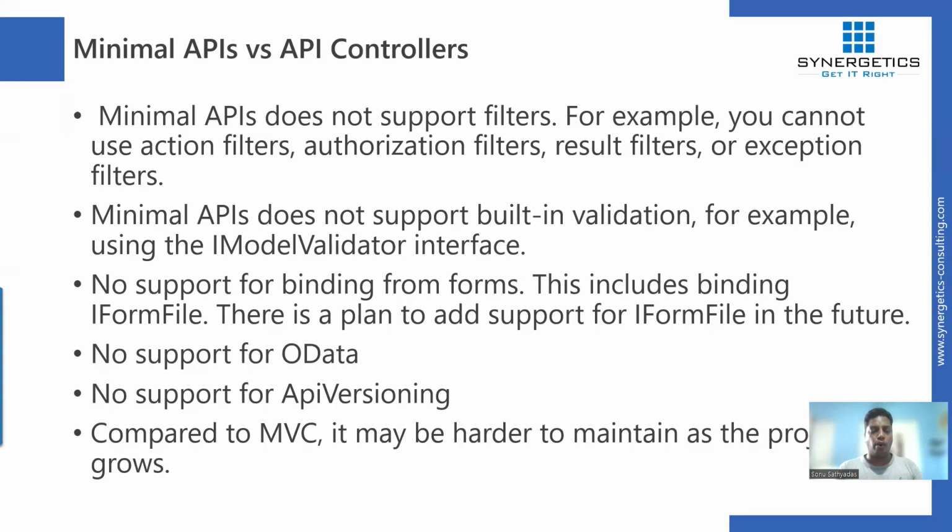For example, if you want to use action filters, authorization filters, or result filters, you cannot use them in minimal APIs. Similarly, you cannot perform model validations. Typically, when we receive the model object, we perform the model validation using ModelState.IsValid, or we can do explicit validation using the TryValidateModel function. But that kind of model validation is not possible in minimal APIs.